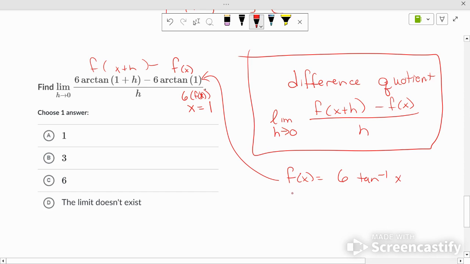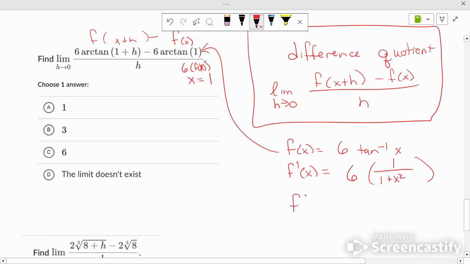So then let's take the first derivative of our function according to our note card. What's the first derivative of 6 inverse tangent of x? Well, it's 6 times the derivative of inverse tangent of x, which is 1 over 1 plus x squared. What's the first derivative of that at 1?